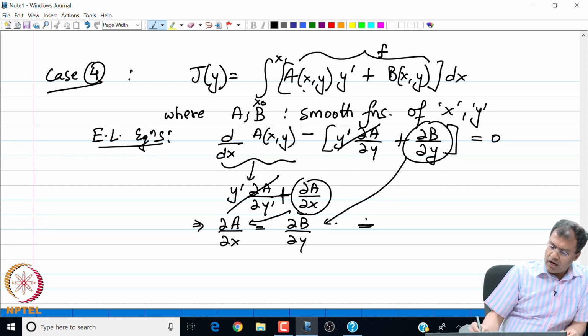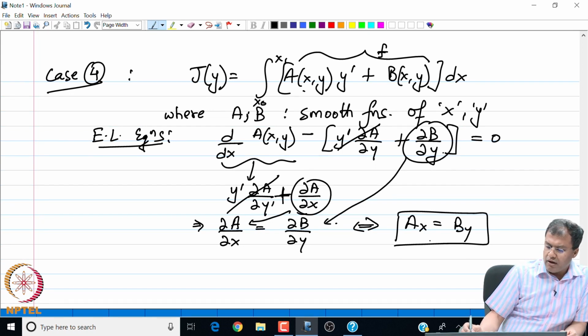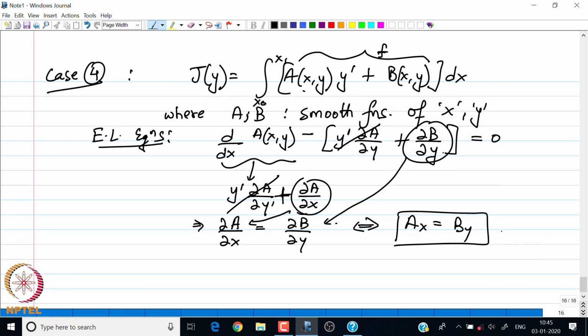Or let me just say that a_x is equal to b_y, right. So, in this case my extremal will be such that this particular relation gets satisfied. So, I will not get y explicitly as a function of x, but I am going to get a relation which is satisfied by the extremal y, right. So, let me call this expression 4.